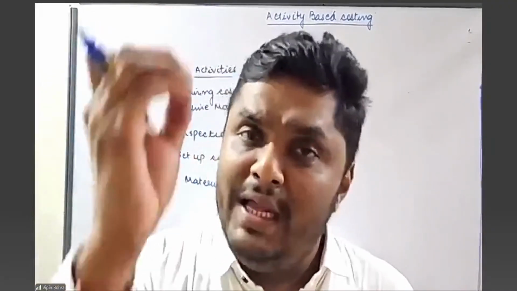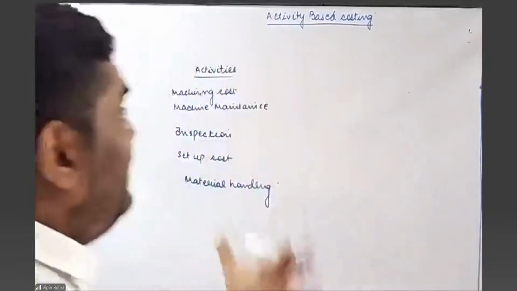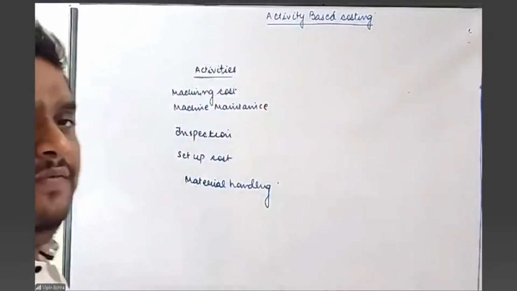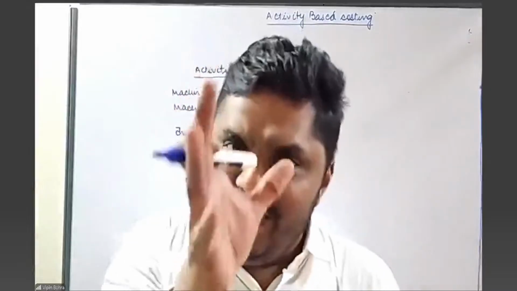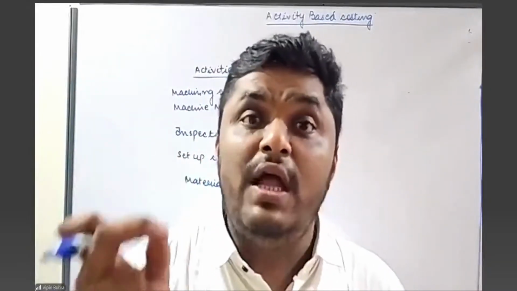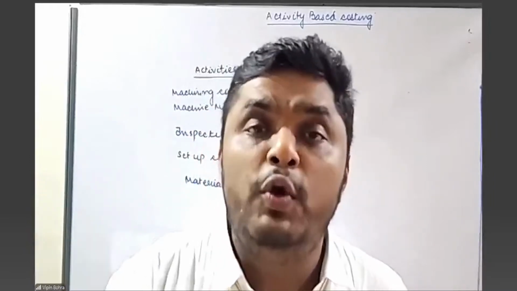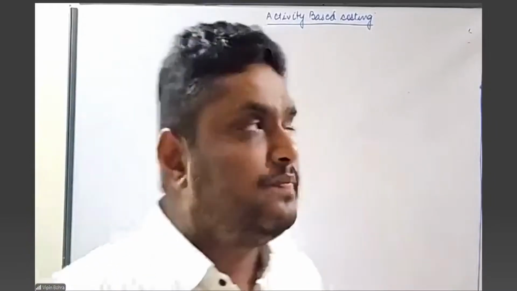So activity-based costing says that instead of absorbing all the overheads on a single basis, identify the various activities of an organization. Once the activities are identified, whatever costs relate to an activity will be grouped together to form a cost pool.